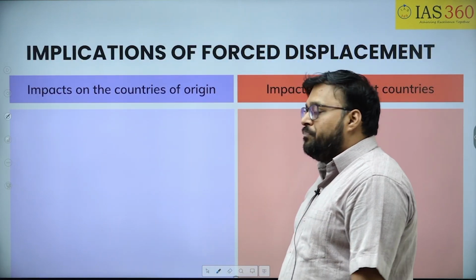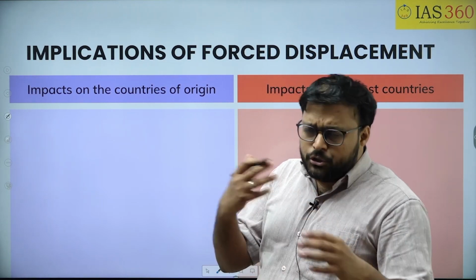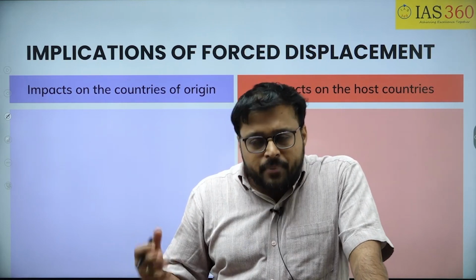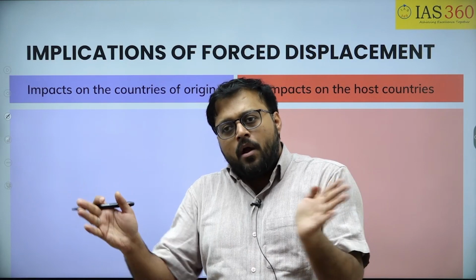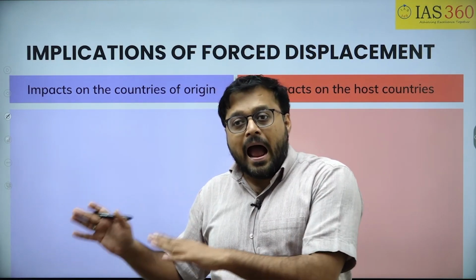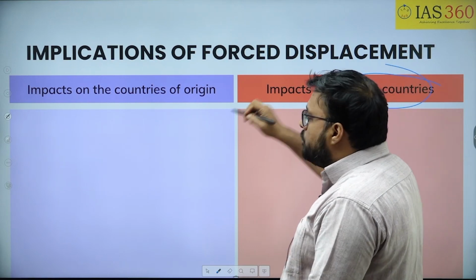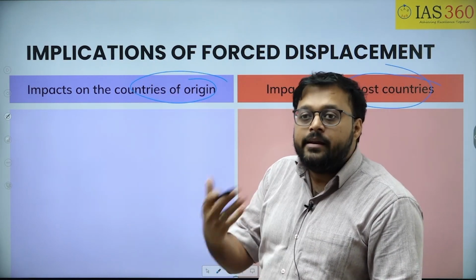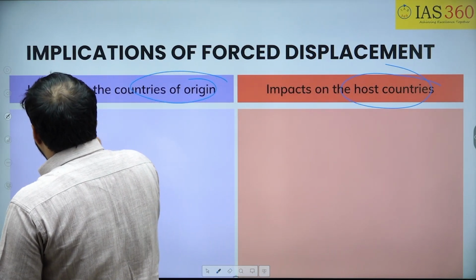Now we will see what the impact of forced displacement is. So whenever a question comes on the impact, what I have observed in the copies of the students is that they are not dividing it into the impact on the host countries along with the impact on the countries of origin. So what will be the impact on the countries of origin? The very first impact will be political fragility.